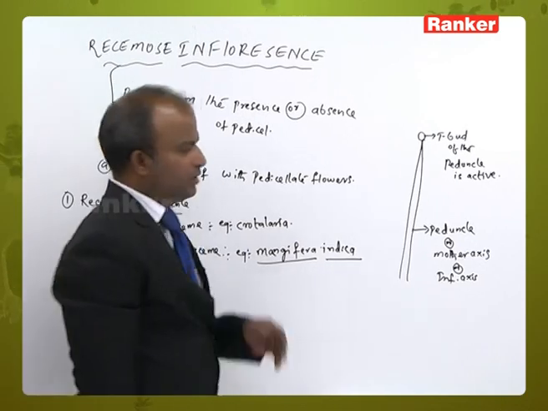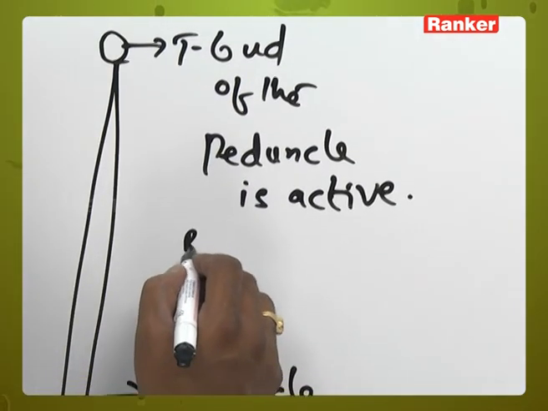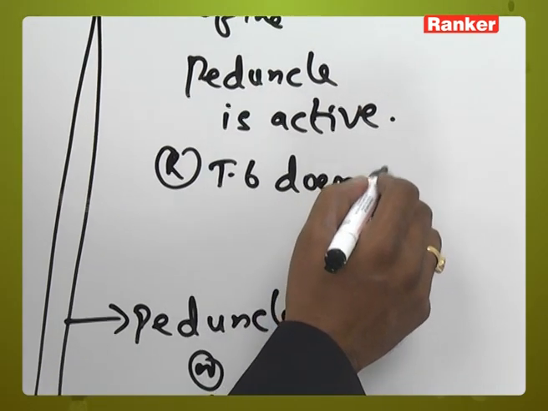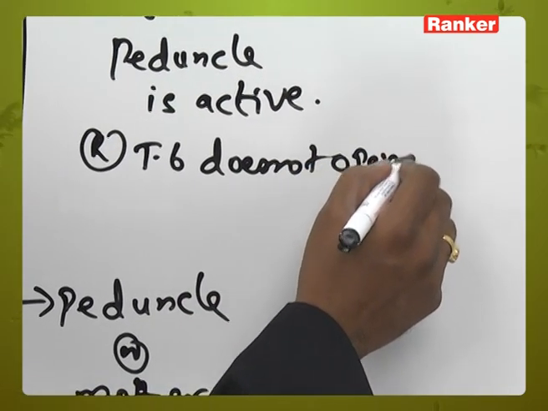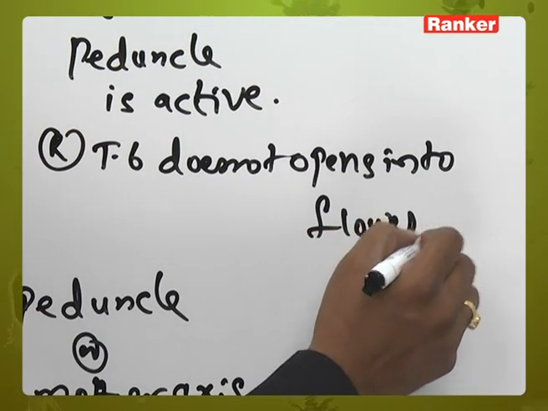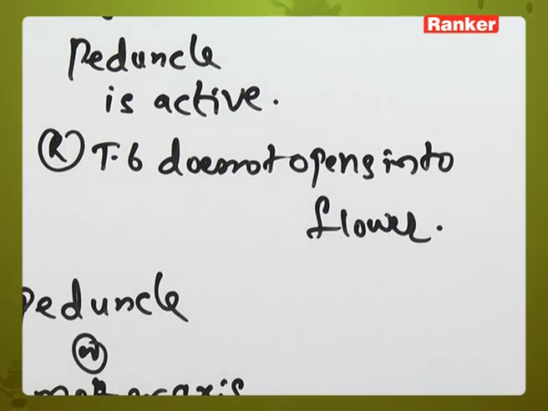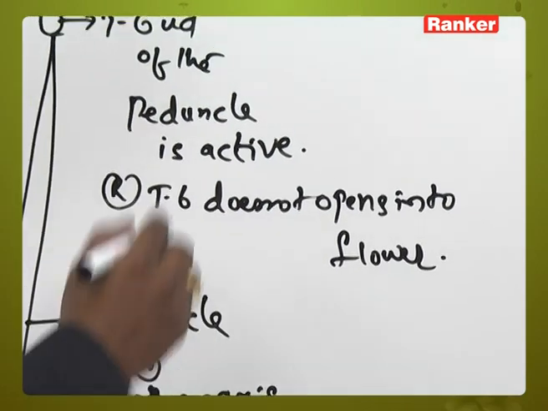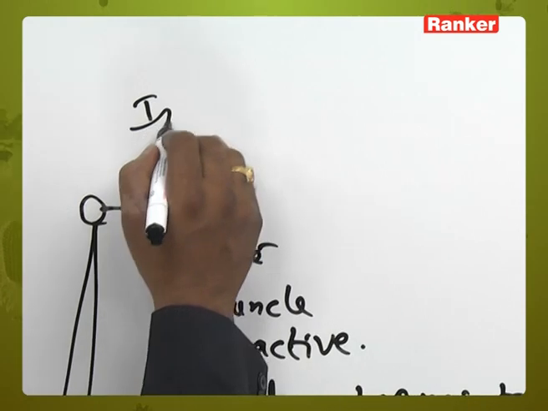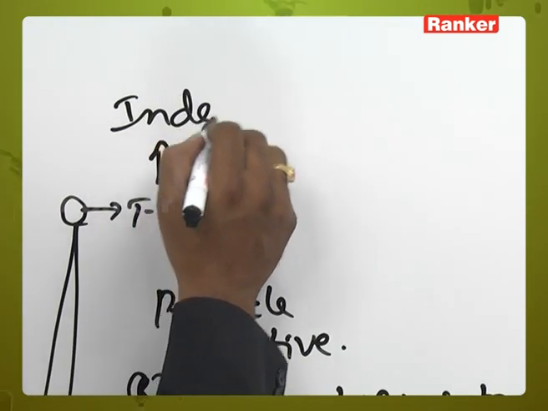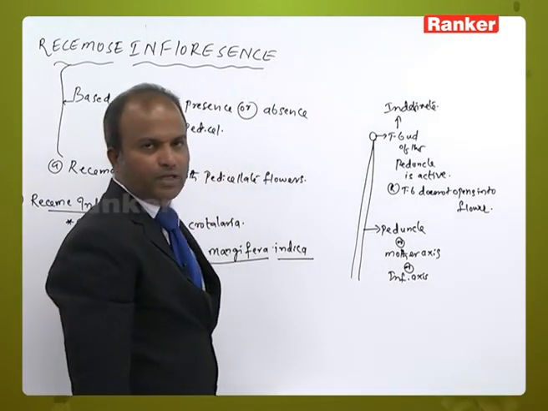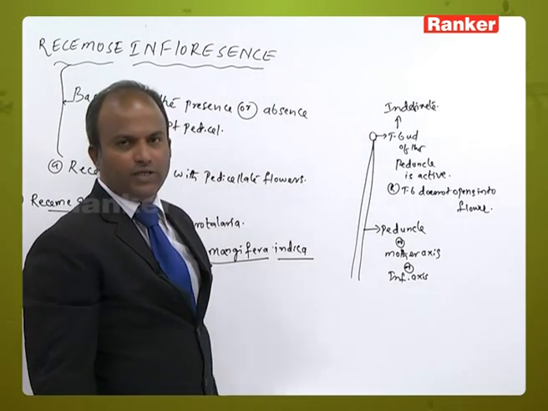Why? Because the terminal bud does not open into a flower. That means the growth of the terminal bud is of indefinite type.